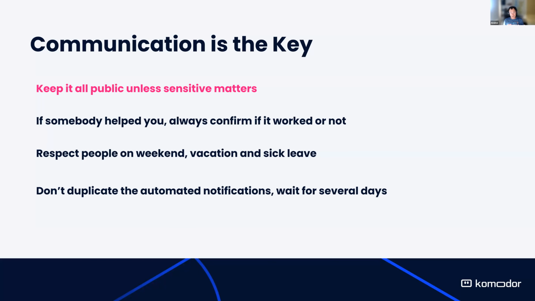If somebody has helped you, answered your question, or showed you the solution, always confirm that it worked for you or did not work for you, or that you did not try. Give any feedback, because otherwise we are breaking the first rule of community: more important than personalities or individuals.